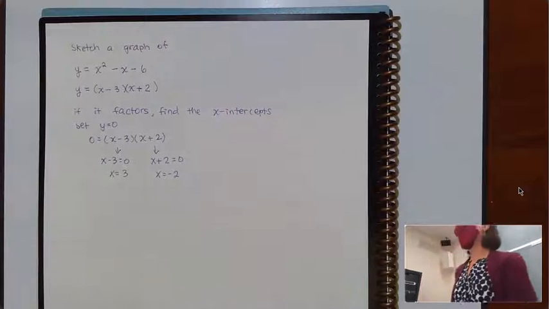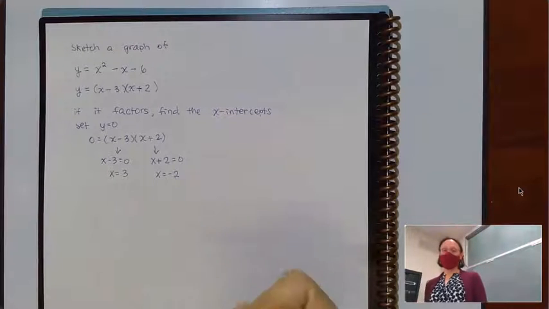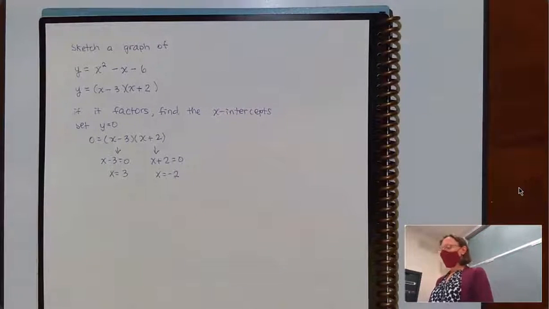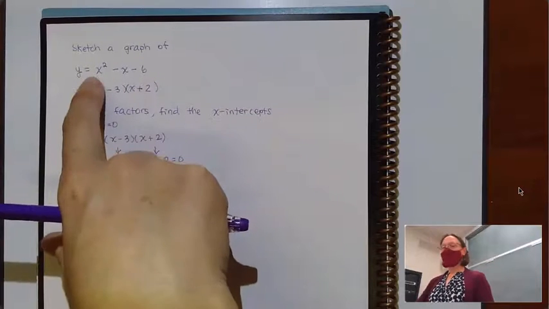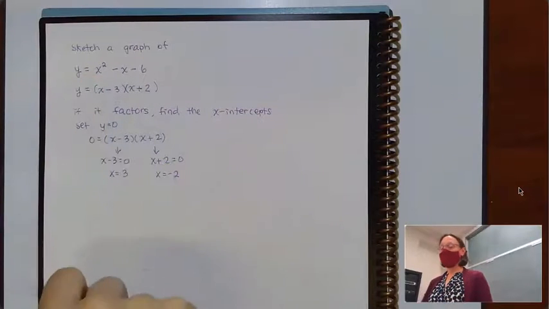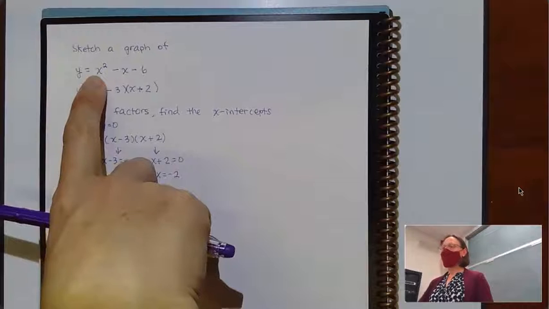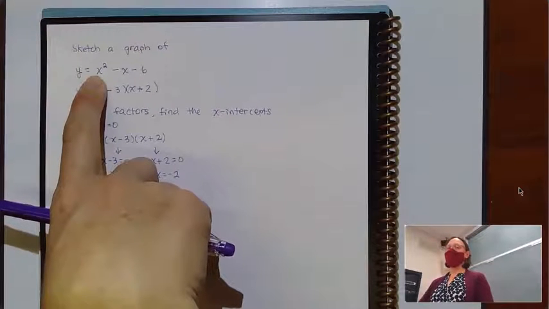That is actually already enough for me to sketch this graph, because that same rule applies in terms of whether something is concave up or concave down, whether it's in this sort of a form or that vertex form. The invisible number in front of that x squared is a +1.